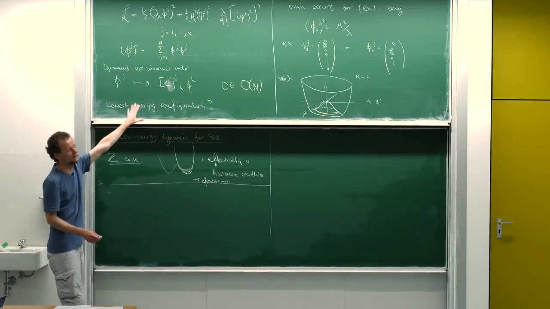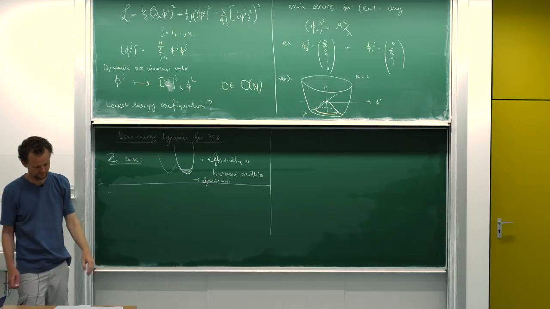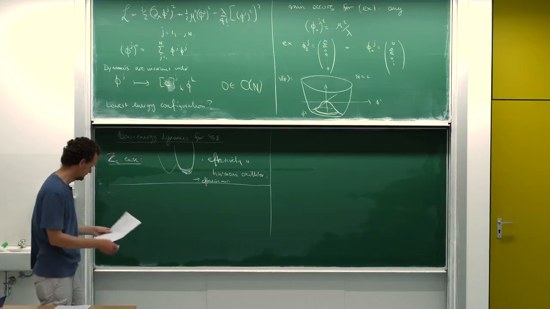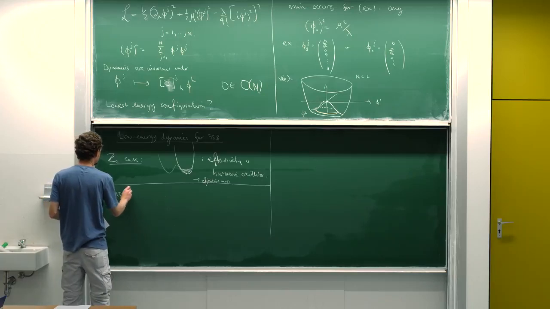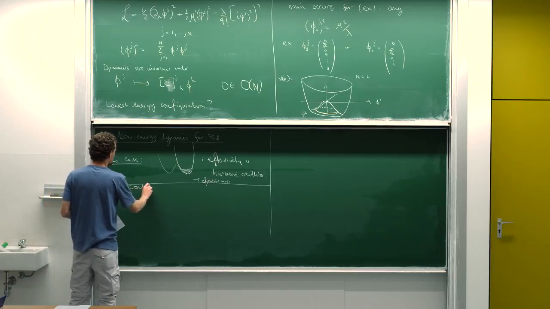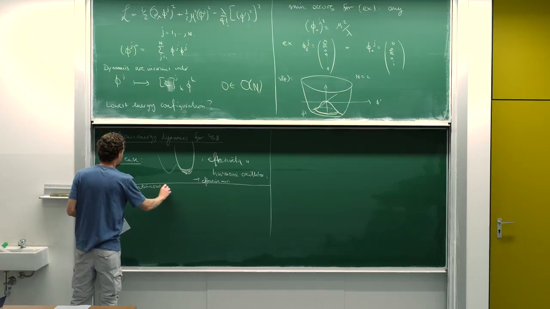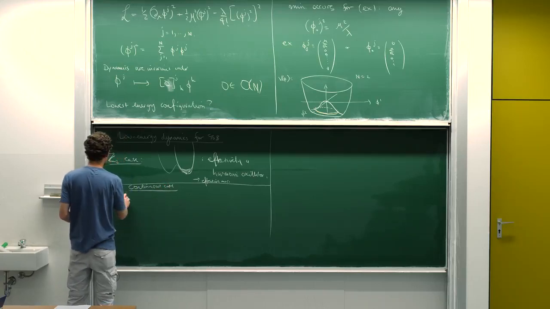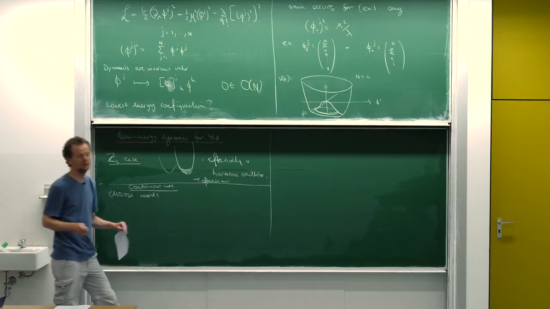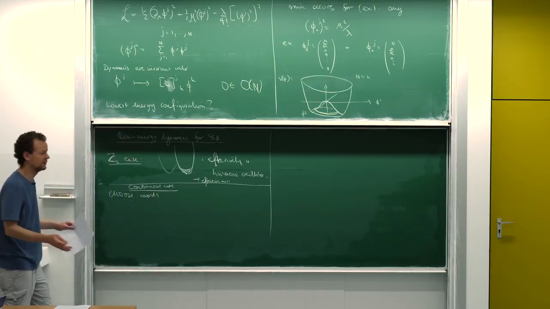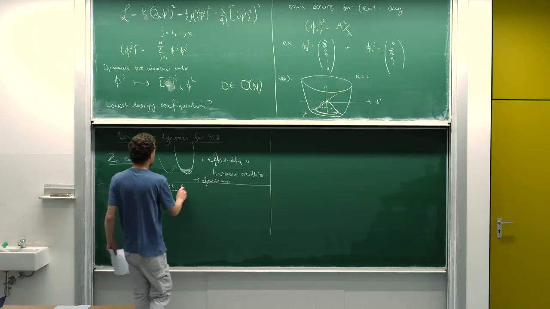Now in the continuous case, we're going to see something quite different. We're going to choose coordinates for our fields. We're going to do some coordinate changes. This is still classical.